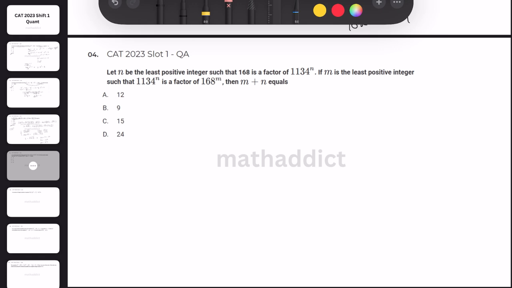So let's start with that. 1134 is equal to 2 into 567, which is 2 into 7 into 81, which is 3 to the power of 4. And 168 is 8 into 21, which is 2 cube, 3 into 7.